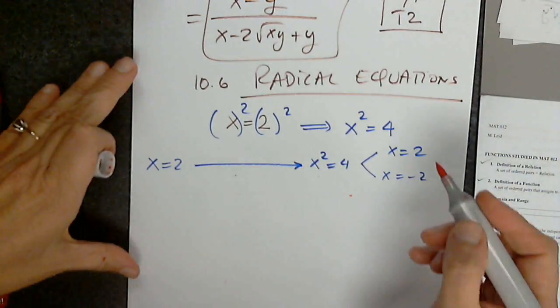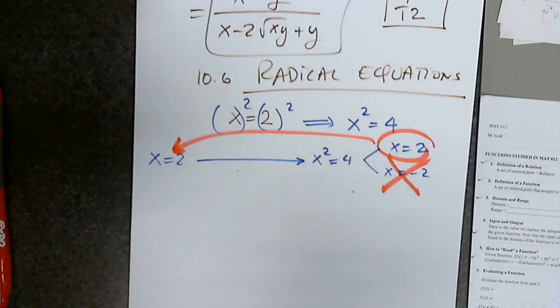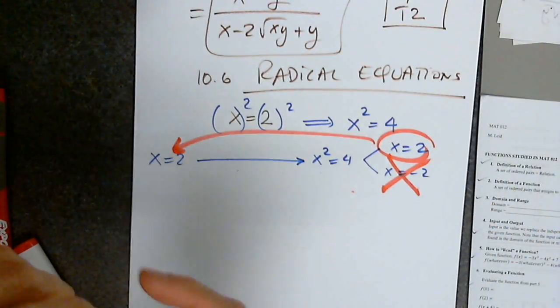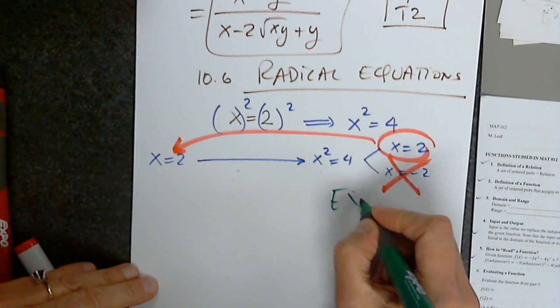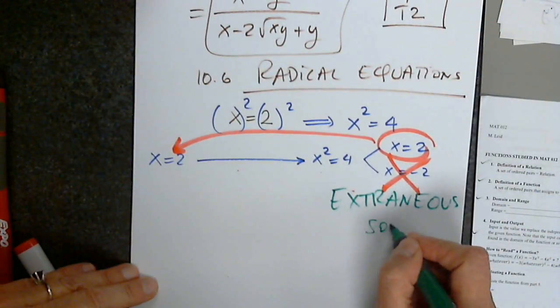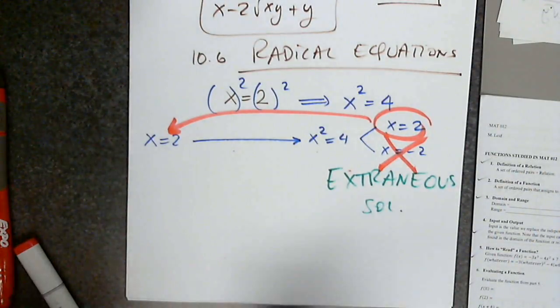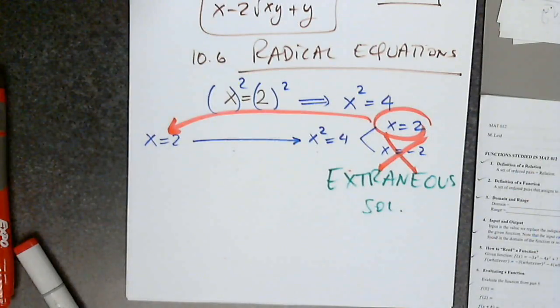So here I will say, this is okay. This is not. And I will say this is called an extraneous solution. Something that is a byproduct of what I'm doing, but does not work in the original problem.